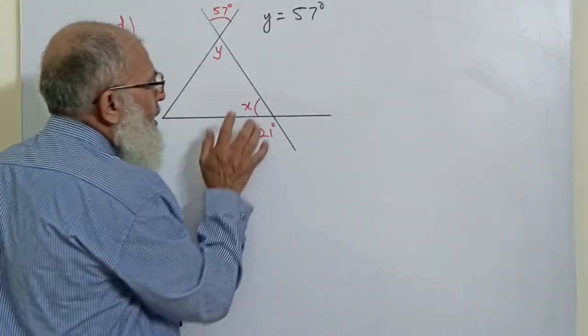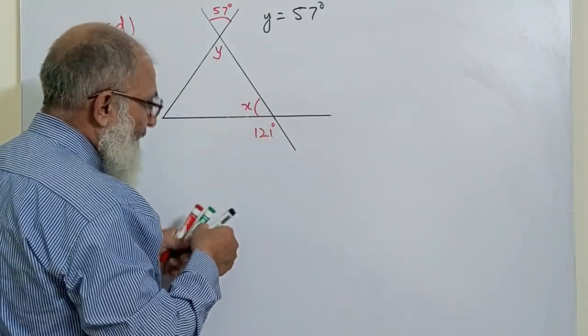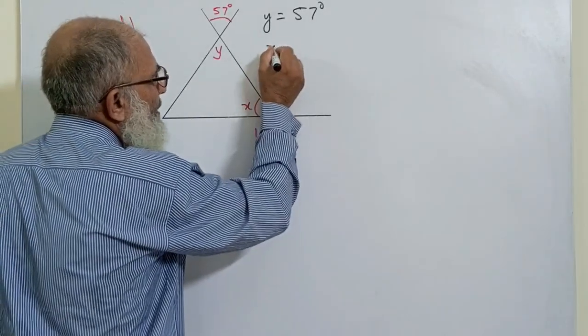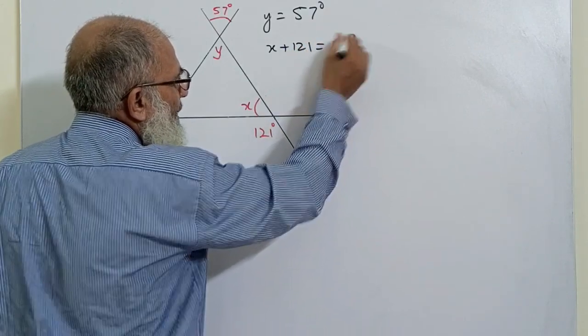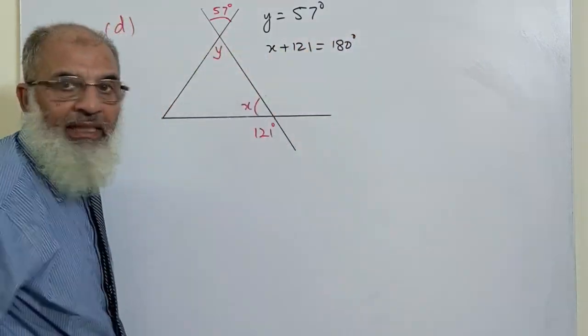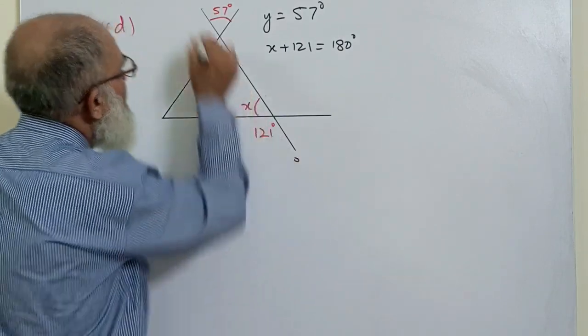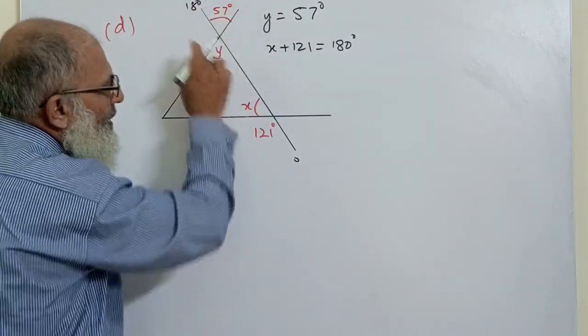So anyhow, now x plus 121 degrees is equal to 180 degrees, because this line acts as a supplementary angle, 0 to 180 degrees. You can see that.